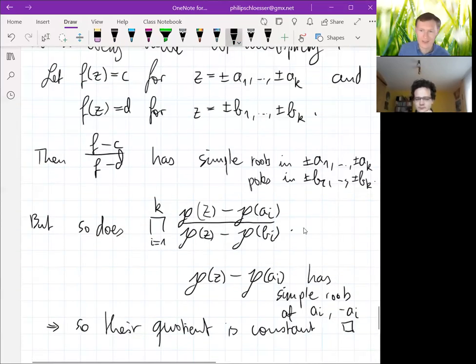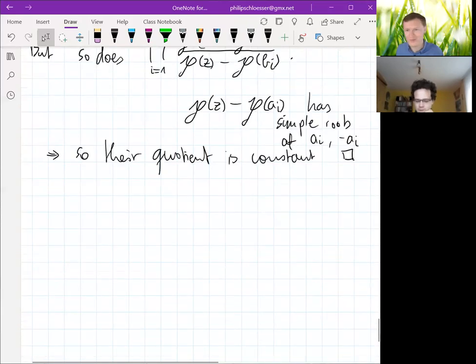And I guess the last thing to note is that you can invert this relation, but yeah. So that was the big theorem. What does that actually tell us?